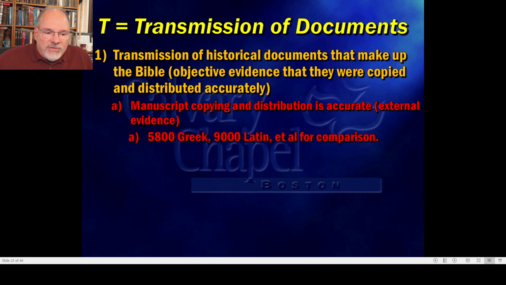So there's about 5,800 Greek, 9,000, 10,000 Latin, and other manuscripts. The New Testament originally is in Greek, and then it's translated into other languages: Latin, Coptic, Nubian, Syrian. There's a bunch of languages that it's translated into, but there's a ton of manuscripts.